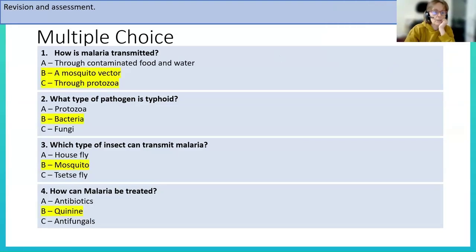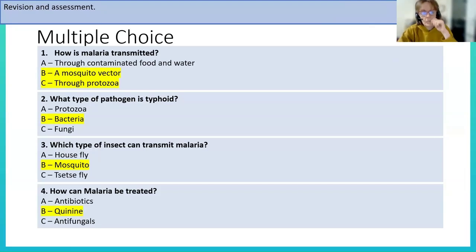Really good. 100% there as well. So it's transmitted by a mosquito vector, but the pathogen is a protozoan. You weren't that far wrong if you put C, so that's okay. Typhoid is bacterial. Malaria is transmitted primarily by mosquitoes, and it can be treated with quinine.